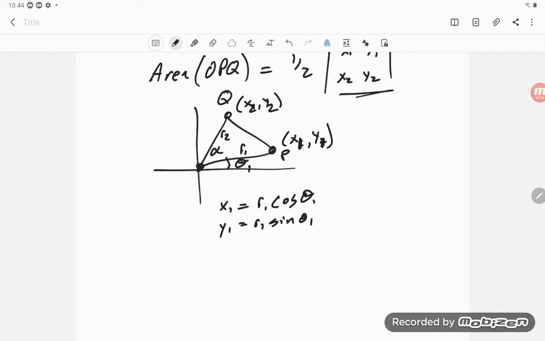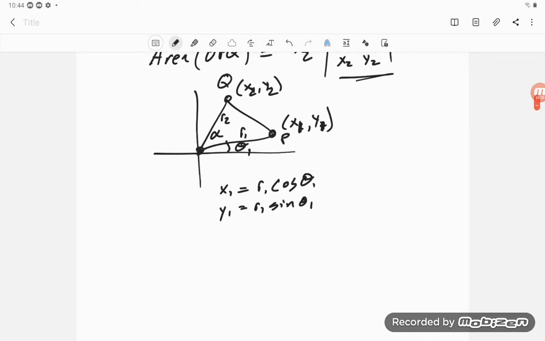I was looking at their notes and not at what I was writing. Sorry, I'm just following along with what they have. So we've got our R1.